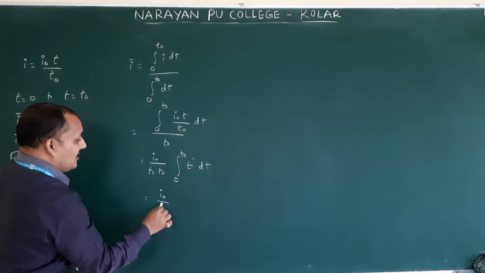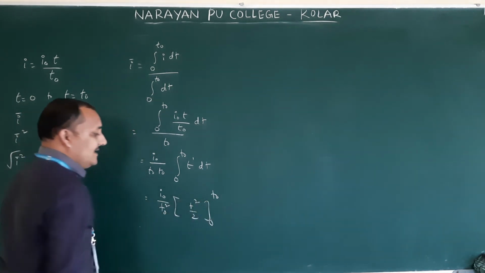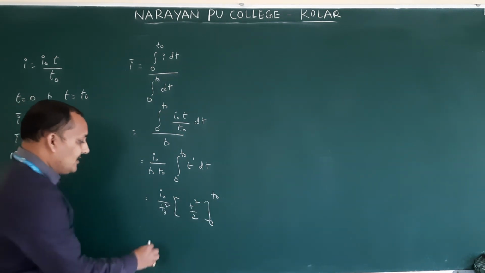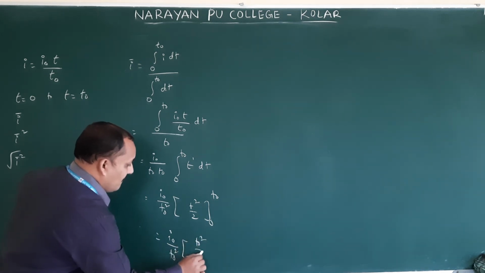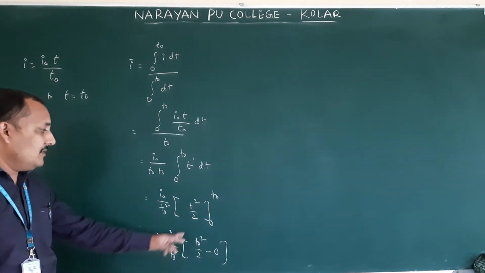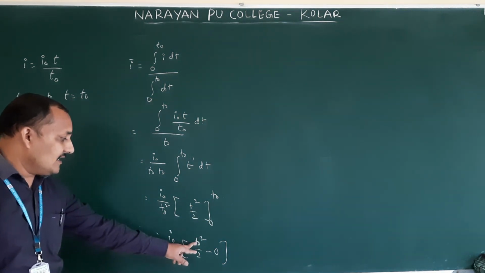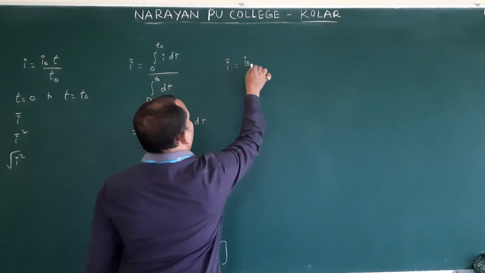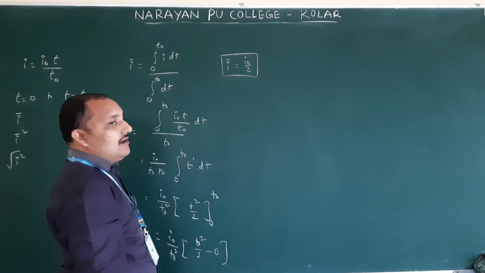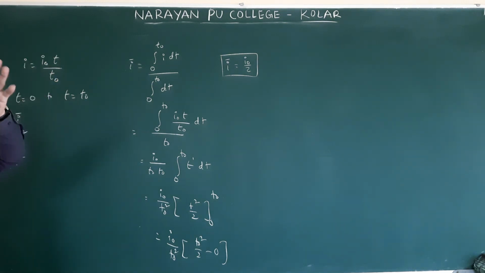So t square by 2, and you can substitute the upper limit and lower limit. t naught square by 2 minus 0 square by 2. The t naught square will cancel. So I bar is equal to I naught by 2. This is how to solve the mean value whenever they give an equation, irrespective of sine or cosine function. If they give it like this, we should solve it like this.